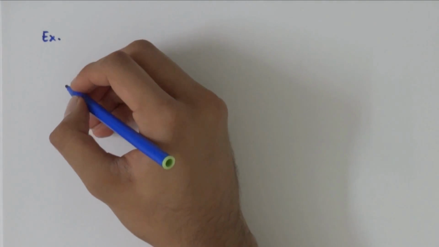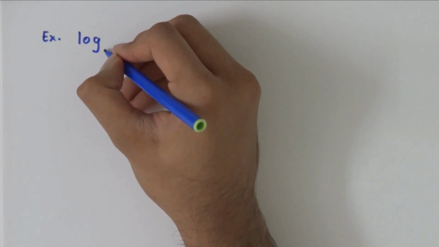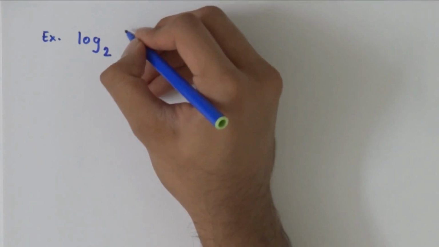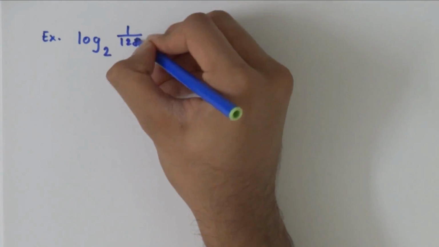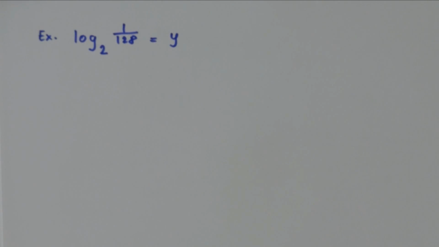So we have log base 2 of 1/128 is equal to y. So to what value should 2 be raised to get 1/128?